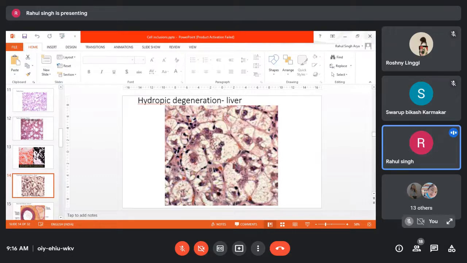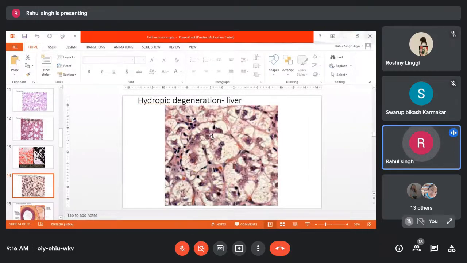Okay, so this is a stage where the cytoplasm is totally distorted by the presence of excessive water. Not early stage but advanced stage of hydropic degeneration, and later these will all burst, merge, and form a vesicle. All right, this is hydropic degeneration.